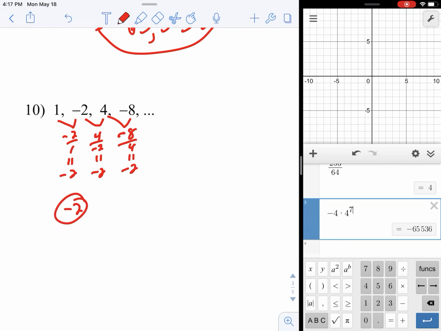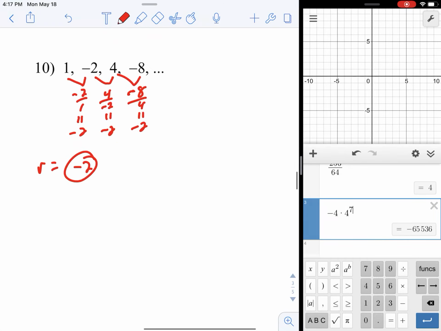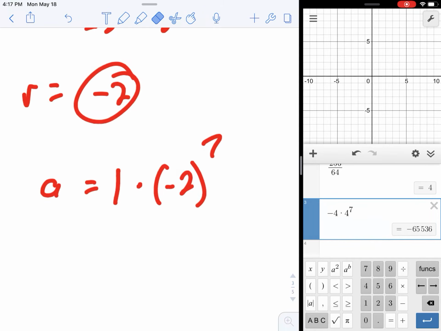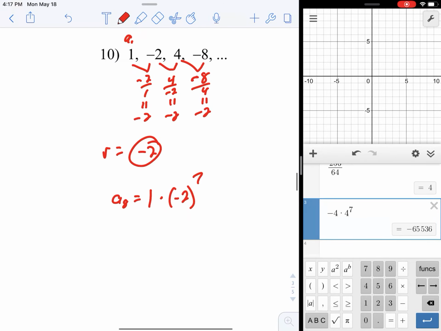So negative 2 is the common ratio. It's definitely geometric. Find the 8th term. A sub n equals a1, the first term, times r, which is negative 2, to the n minus 1 power. Again, that's going to be to the 7th power. For finding the 8th term, I guess I wrote that wrong. That should be sub 8. The 8th term, 8 minus 1 is 7.